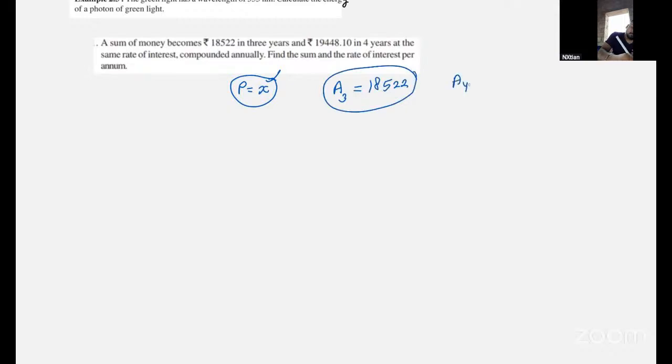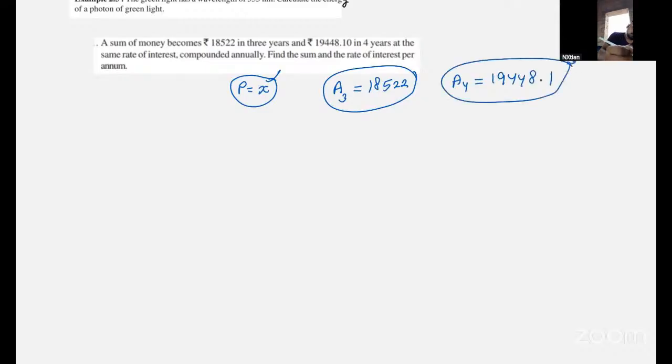Okay, we put the principal and then we get the rate. So we have the principal, which we take as x because the sum amount we don't know. Okay, and the sum of money becomes, and the amount in 3 years, so I am writing A3 as 18522, and A4, which is the amount in 4 years, becomes 19448.1.